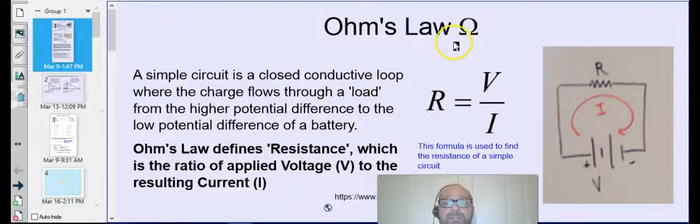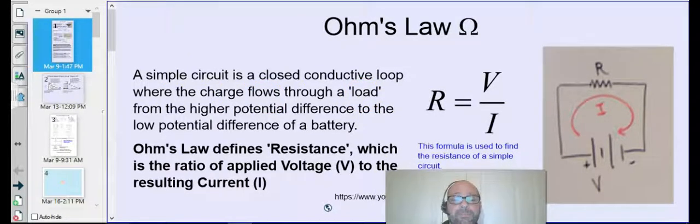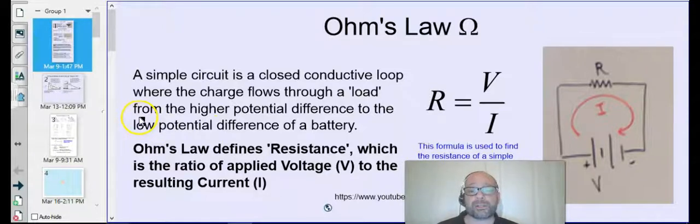So Ohm's Law, as you see here, we have a diagram, a formula, and an explanation, and a new Greek letter. So let's talk about that right now. As I said earlier, a simple circuit is a closed conductive loop where the charge flows through a load. It's a light bulb or other electrical device that you plug in. And it goes from higher potential difference to the low potential difference.